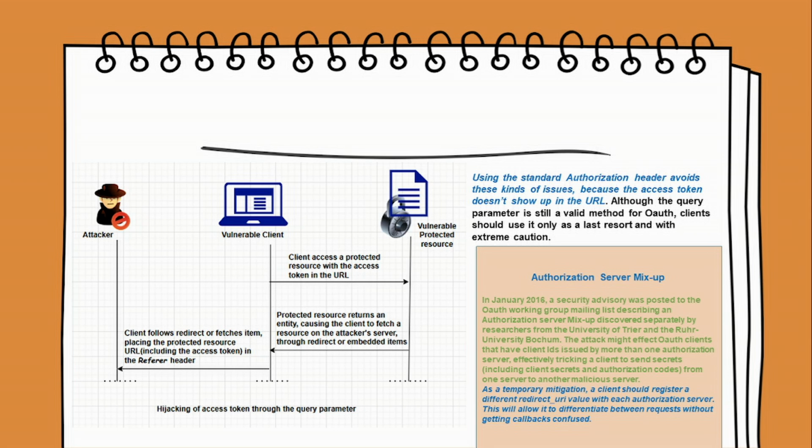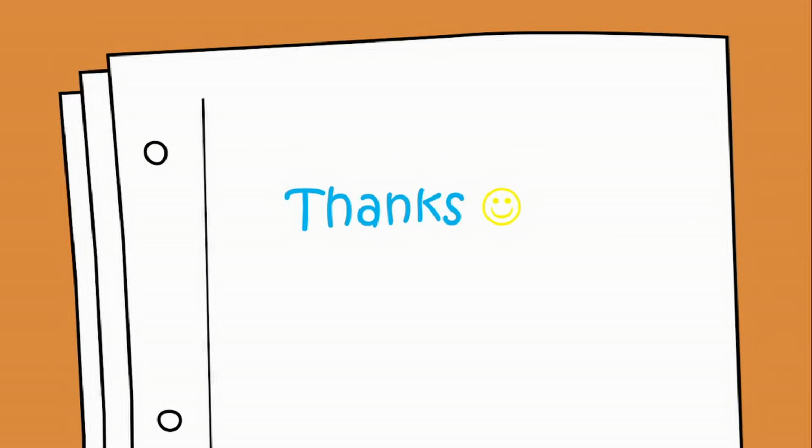So in this case, it's effectively tricking a client into sending secrets, including the client secret and authorization code, from one server to another malicious server. Okay, so these are the things, right? We know these are the ways vulnerabilities can come. This we know, but there are some other things people may discover in the coming time, so we need to understand those parts also, because in security you can't save everything.